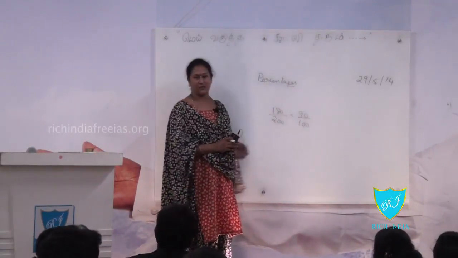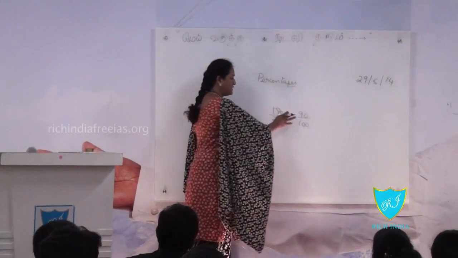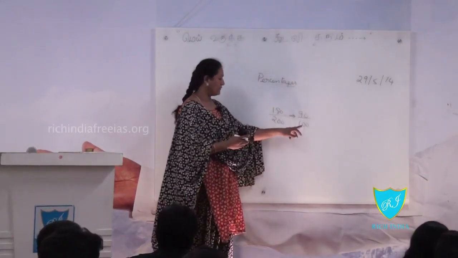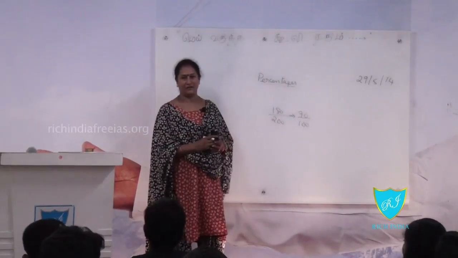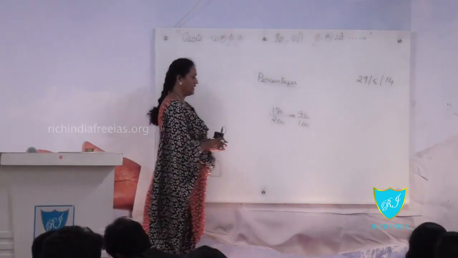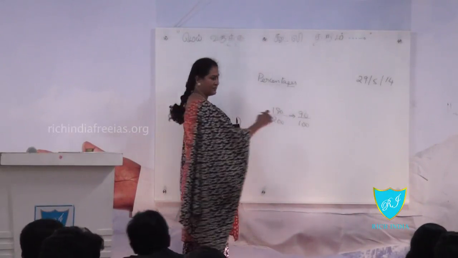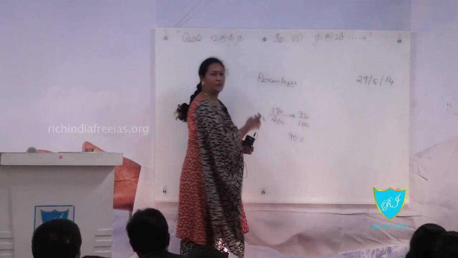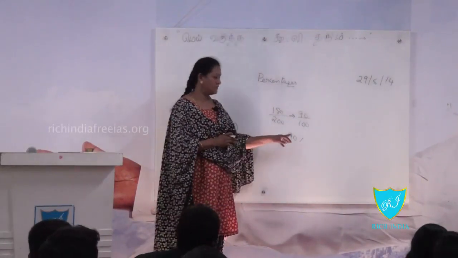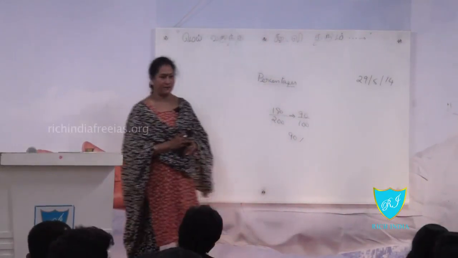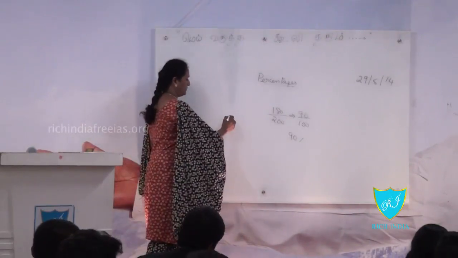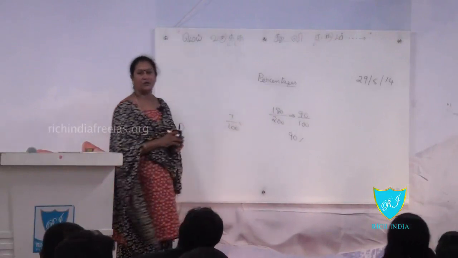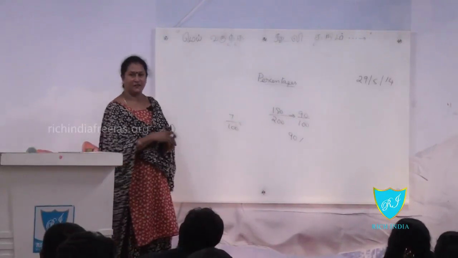So for every 100, what is the value. And percentage means it is an equivalent fraction, so the denominator should be 100. And what is the percentage here? When the denominator is 100, whatever the numerator is, you take as the percentage. Suppose you have 7 by 100, what will be the percentage? 7%.